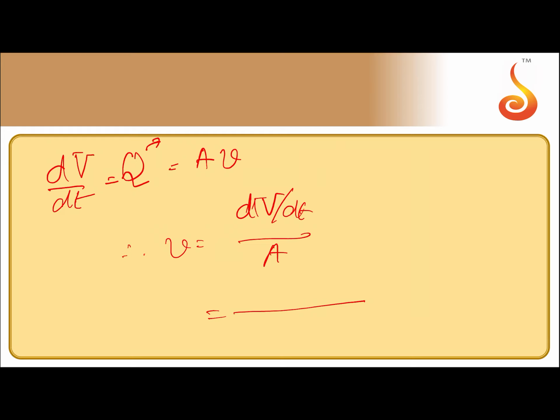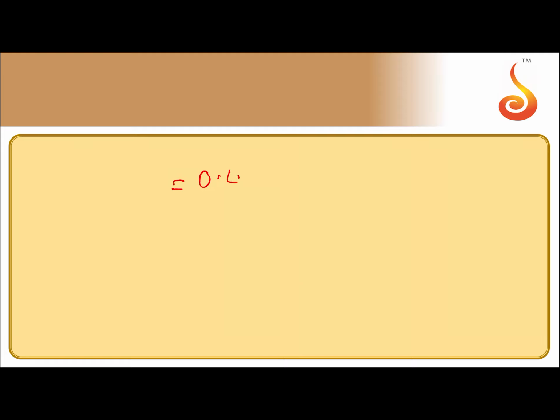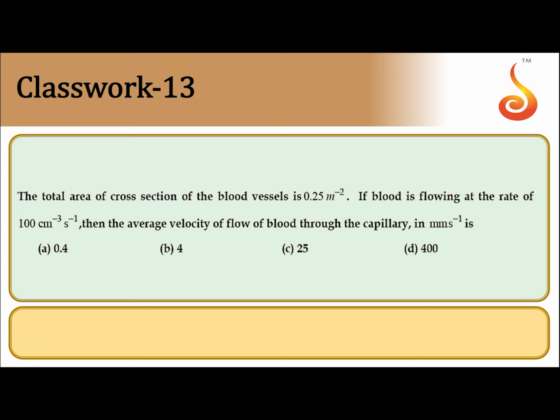That is the volume rate flow, 100 centimeter cube per second, divided by the cross sectional area 0.25 meters square. You can simplify this, and this turns out to be 0.4 into 10 to the power of minus 3 meter per second, or 0.4 millimeter per second. So the average speed turns out to be 0.4 millimeter per second.